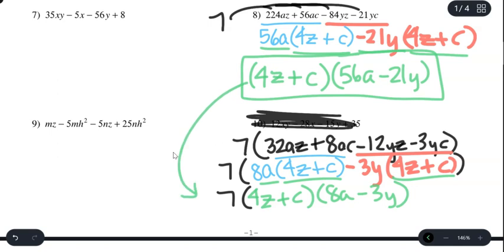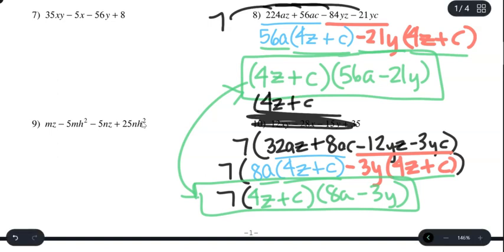These two are one and the same. How is that? Well, let's examine this right here. What could I factor out of 56a minus 21y? A 7. So if I wanted to rewrite this, I could actually say this is 4z plus c.